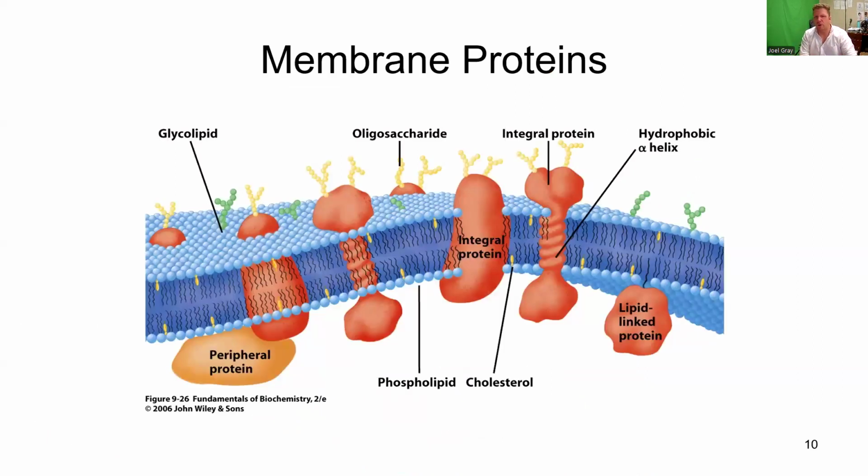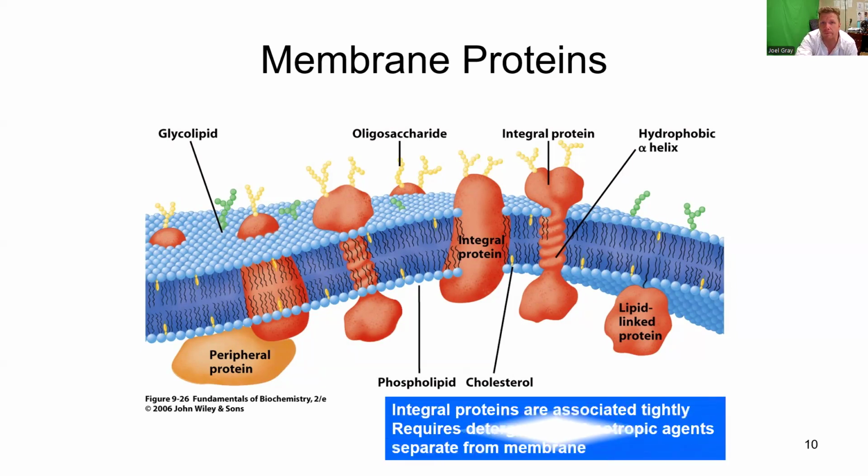Now, this is another cartoonish model of a membrane, and maybe the scale is a little different, but it's effectively presenting the same information, where things are and how they are embedded within or associated with a membrane. Now, integral proteins are associated very tightly, and in order to free or liberate them from that membrane, you're going to have to use something like a detergent.